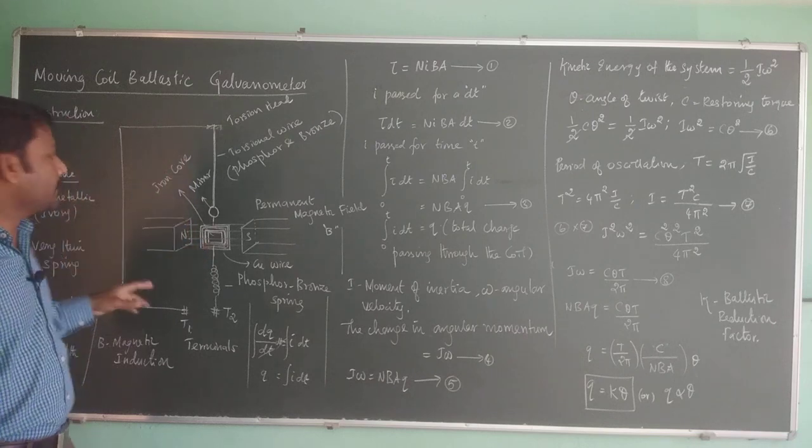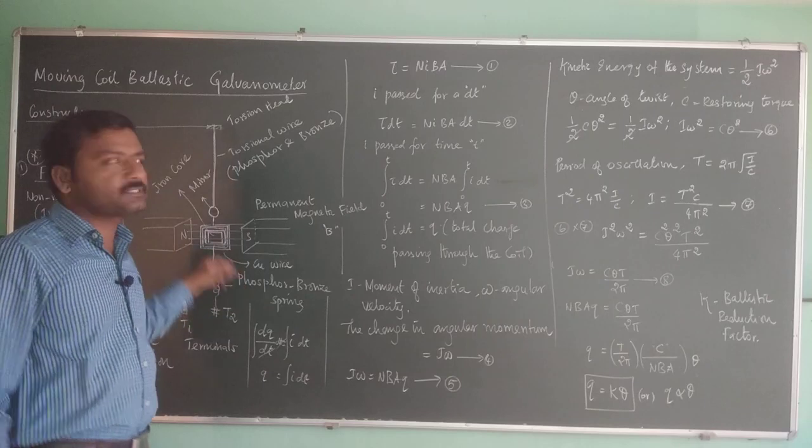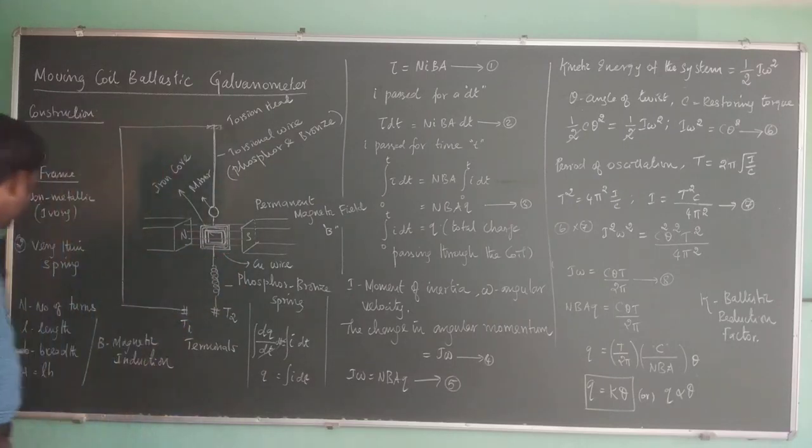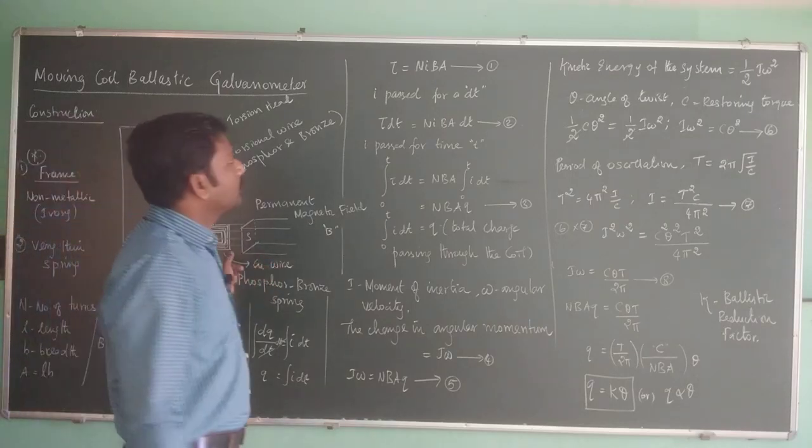The number of turns is N, the momentary current passing through is I, B is the magnetic induction, and A is the area, the product of length and breadth of the rectangular coil.